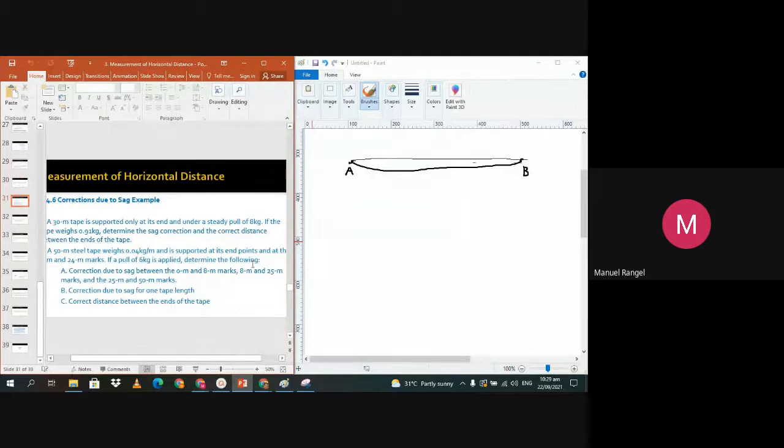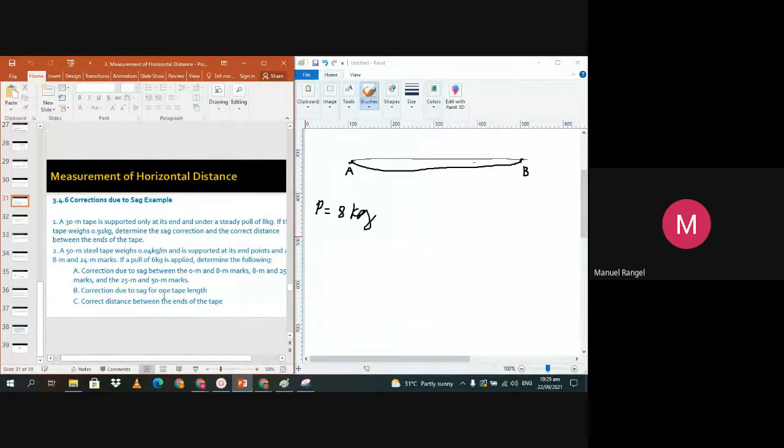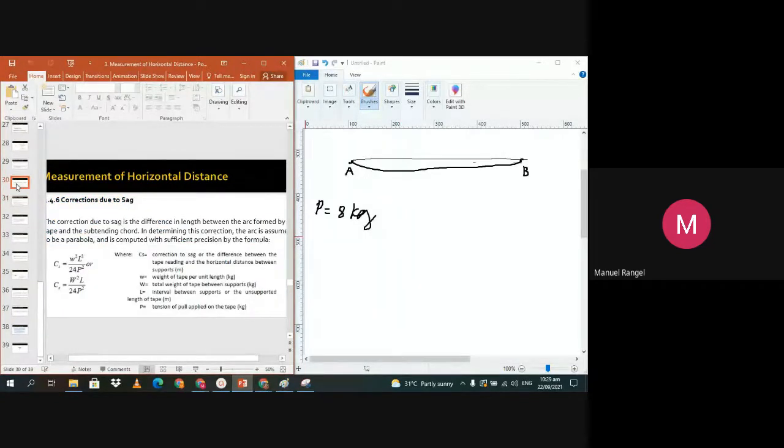So given a steady pull of 8 kilograms, that is P. If the tape weighs 0.91 kilograms, is it the total weight or the unit weight of the tape?